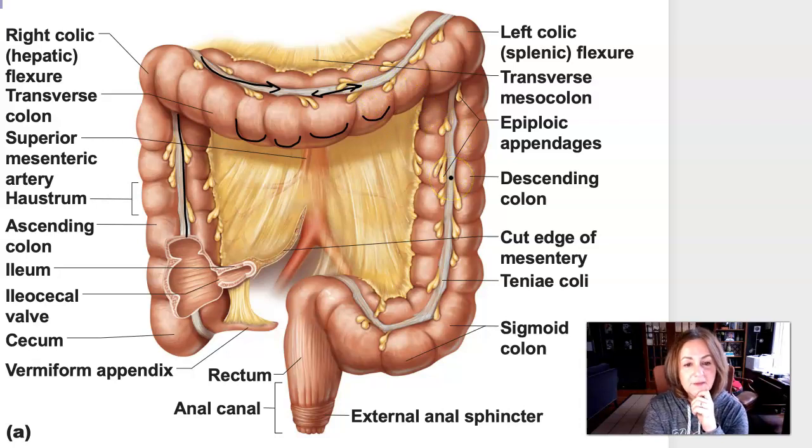And so the gross anatomy and microscopic anatomy, pretty straightforward. And actually the large intestine is not a vital organ. We can live without the large intestine, although it's much more convenient and pleasant to live with the large intestine, because what it does is it receives the contents. So it will receive contents from the small intestine.